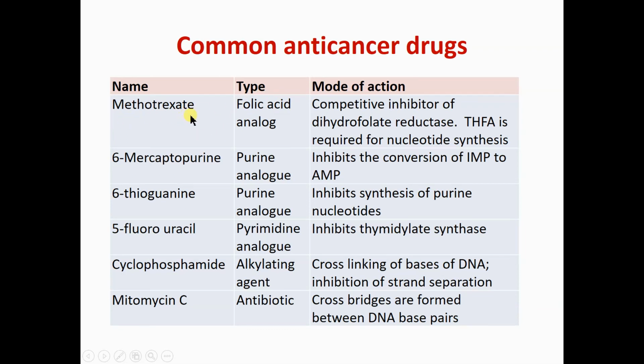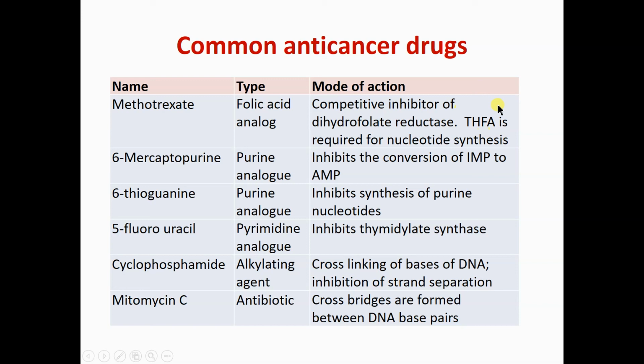Methotrexate is a competitive structural analog of folic acid, so instead of folic acid, methotrexate binds with the dihydrofolate reductase enzyme. Tetrahydrofolate is required, but it cannot be synthesized by the dihydrofolate reductase enzyme, because the enzyme binds with methotrexate, the structural analog of folic acid.